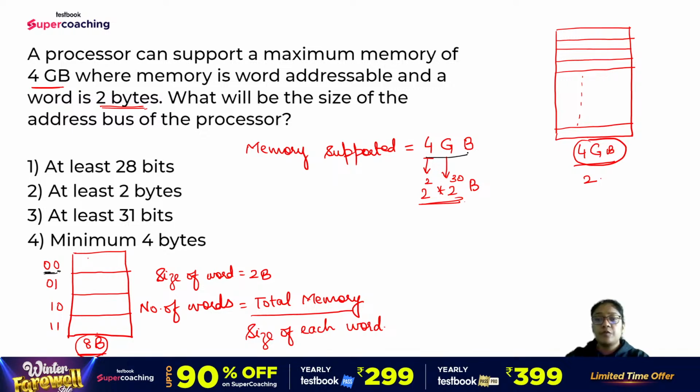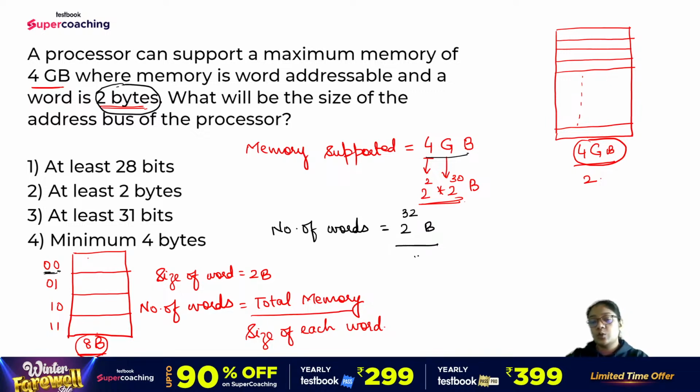Here we are given 4 GB of memory, so we can say that the number of words will be equal to 2 raised to power 32 bytes divided by the size of each word. The size of each word is given as 2 bytes.